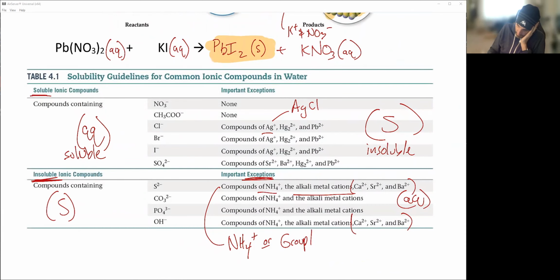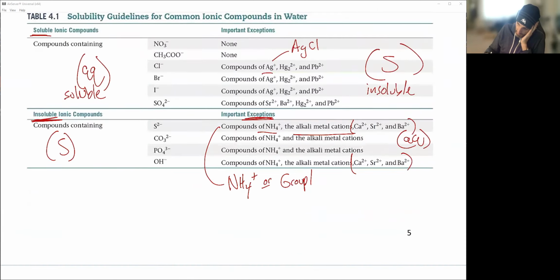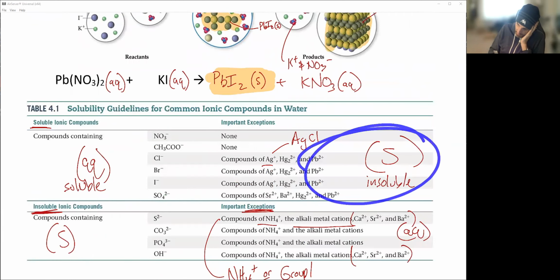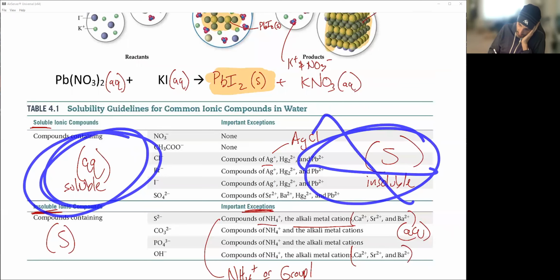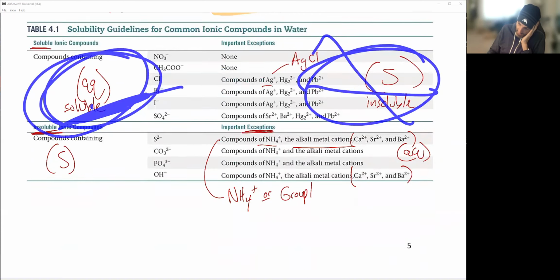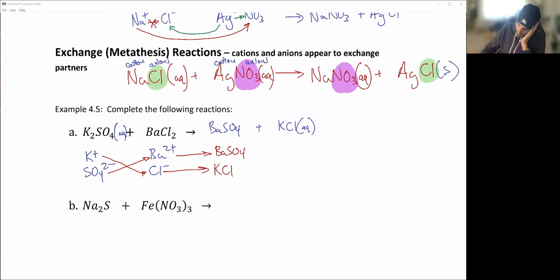So there are chlorides: lead, mercury, and silver. Barium chloride is not on that list. So if it is not in the exception, it means it's over here. Okay, so it is not insoluble, it is in fact soluble. So that means that we are going to say that this is aqueous.